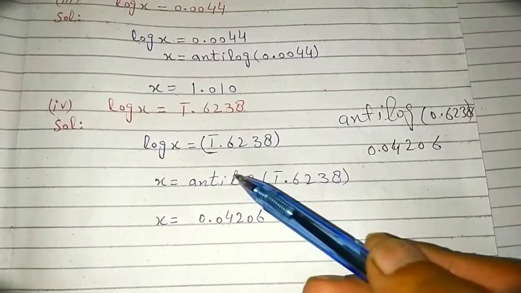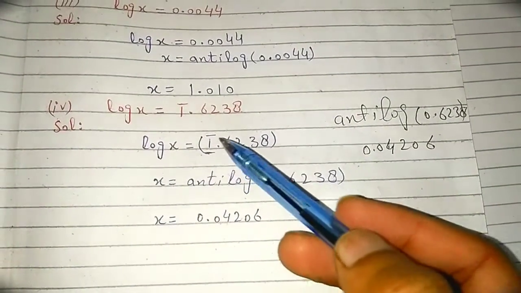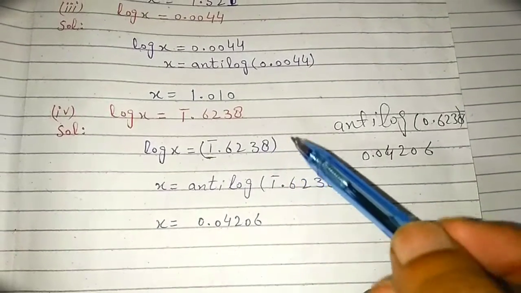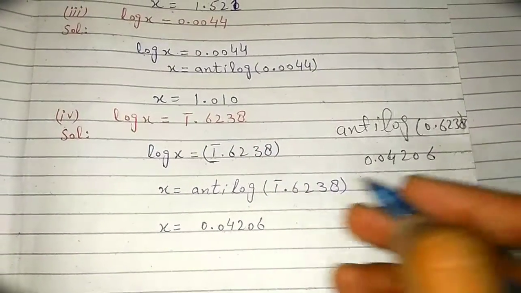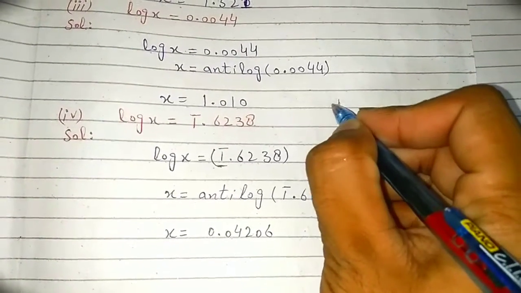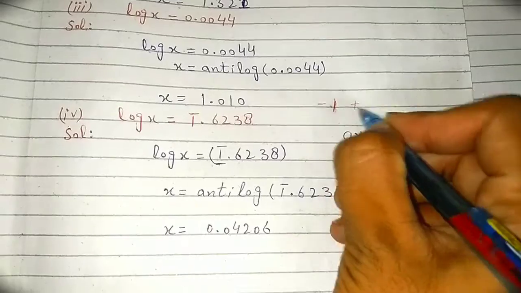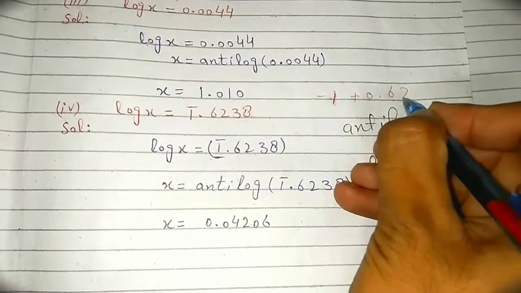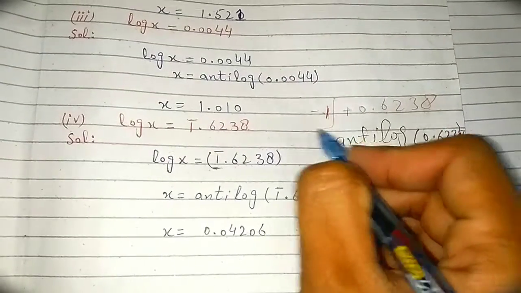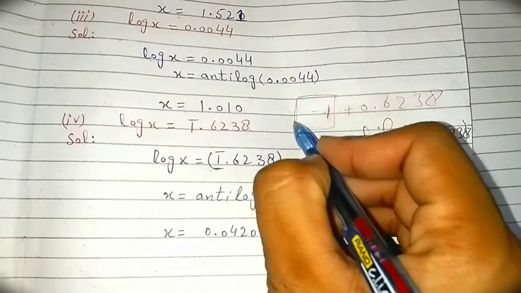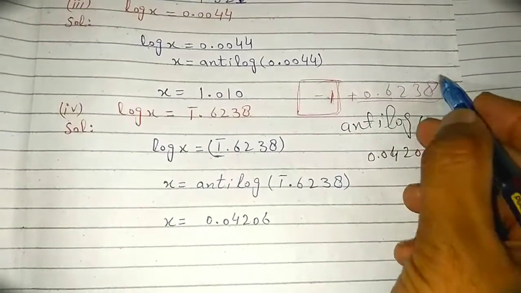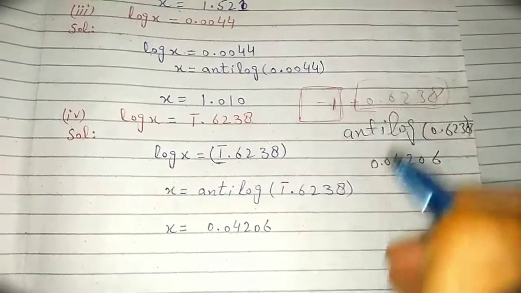Here we cannot find the anti-logarithm of minus 1.6238 directly from a calculator, so we are going to make some changes. Here we can write minus 1.6238 as minus 1 plus 0.6238, where minus 1 will give us the point where the decimal occurs, and this value gives us the anti-log's value.